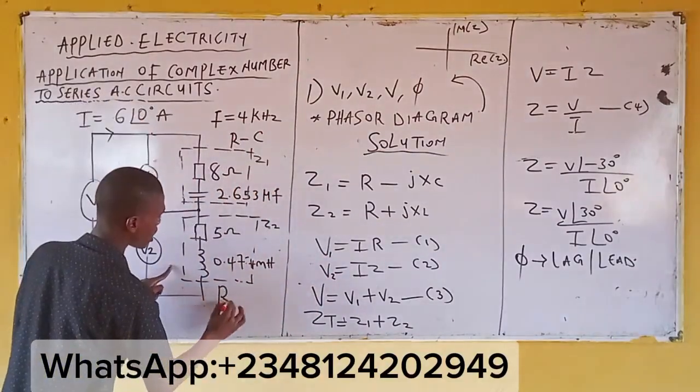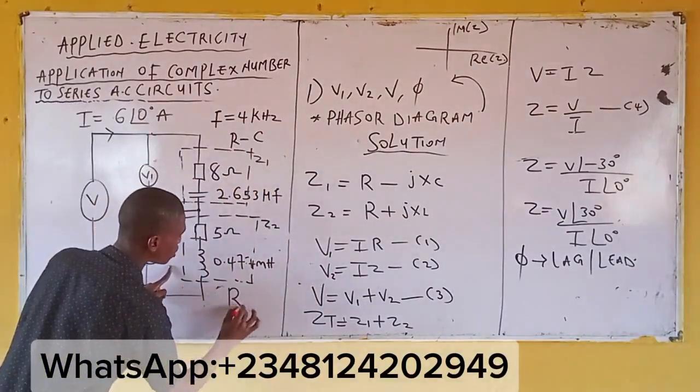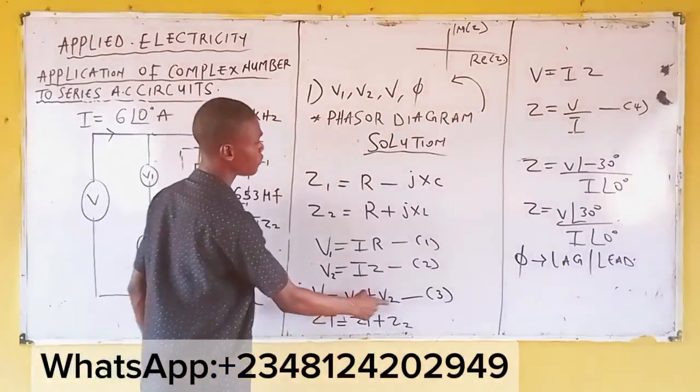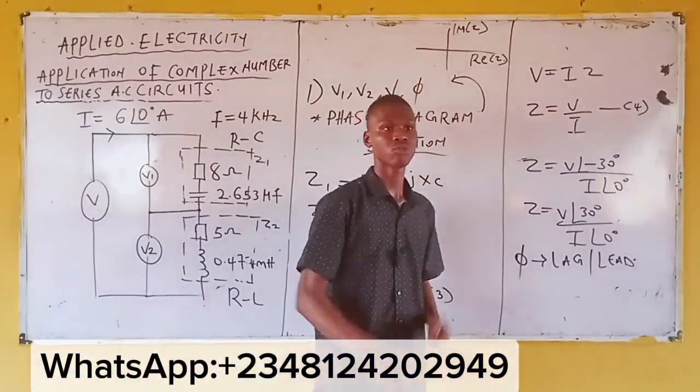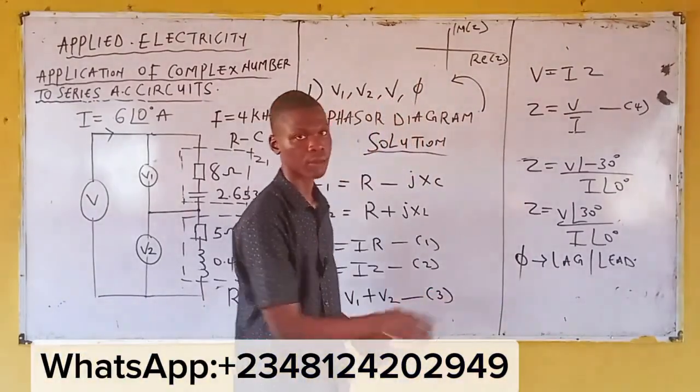And this is for what? RL circuit. So you'll be representing the value of V1 and V2, which are the RC circuit and RL circuit, on this Argand diagram, respective to the angle that you have.